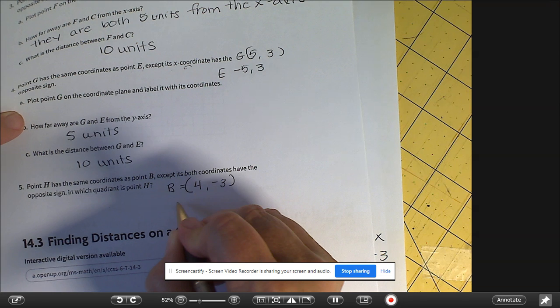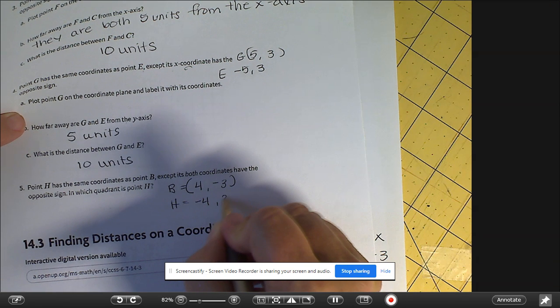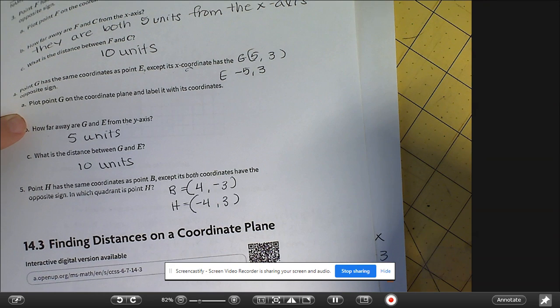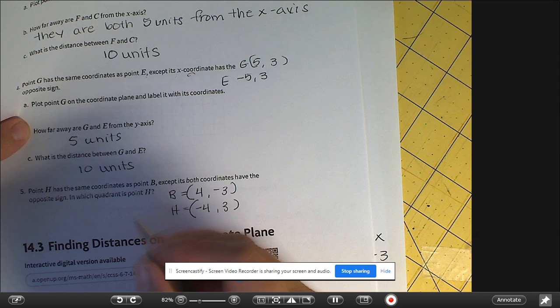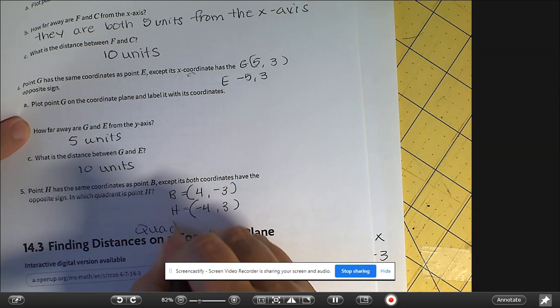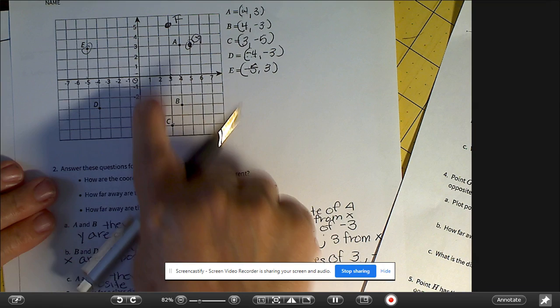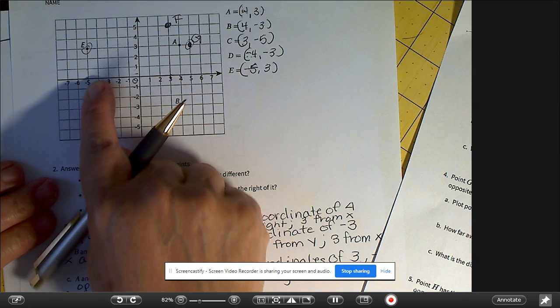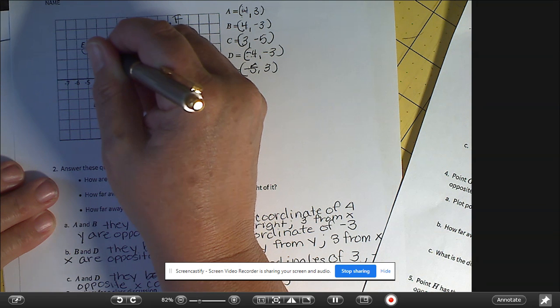So if they're both opposites for H, it's going to be -4 and +3, and that would be quadrant 2. Because we're going -4 and +3 would be H.